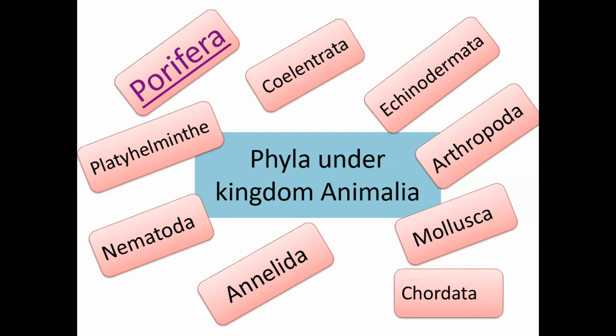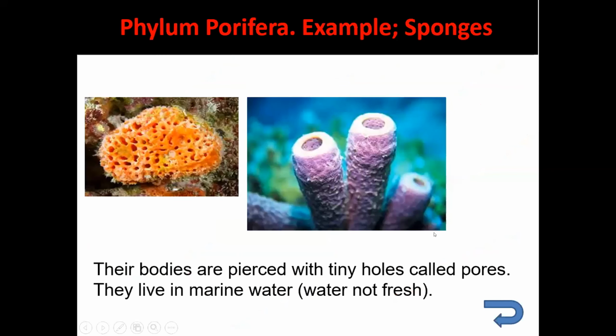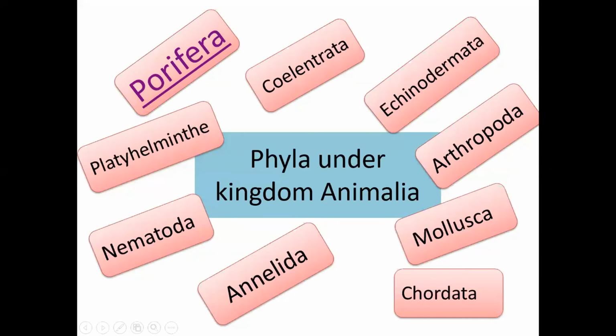What was the answer for the phyla under vertebrates? It's Chordata. We have the phylum Chordata. Please, I want to emphasize, read your prototype. Those answers were clearly there. The fish, mammals, birds, amphibians, and reptiles are the examples of organisms which are under phylum Chordata.